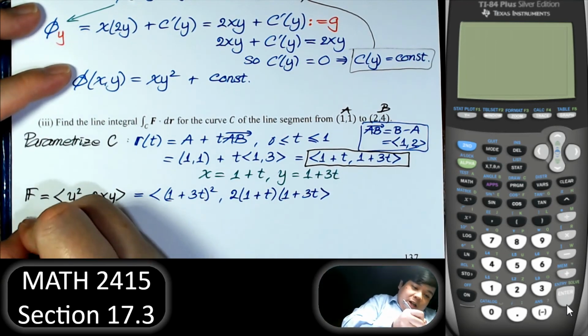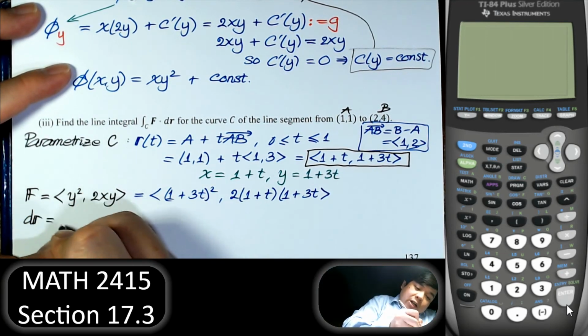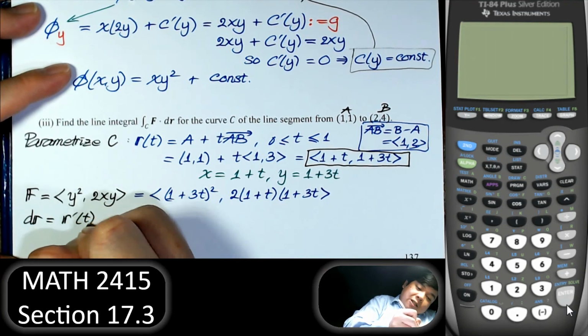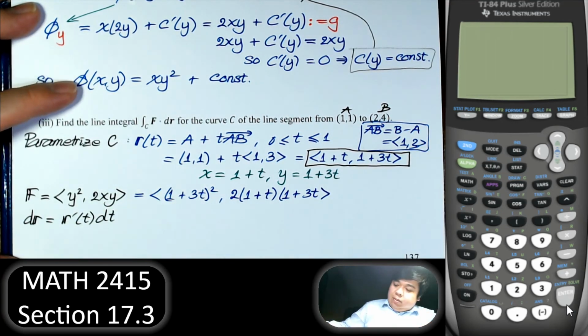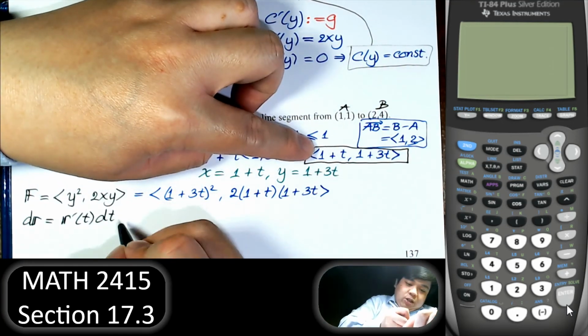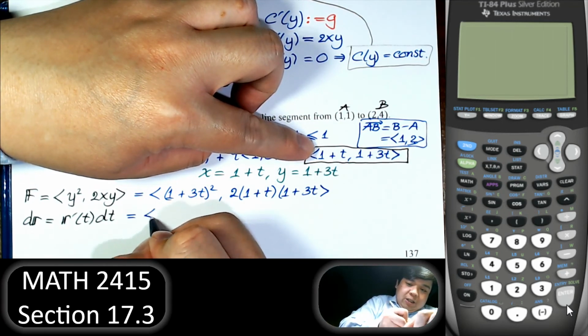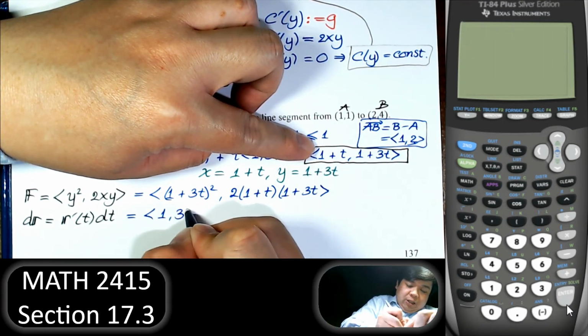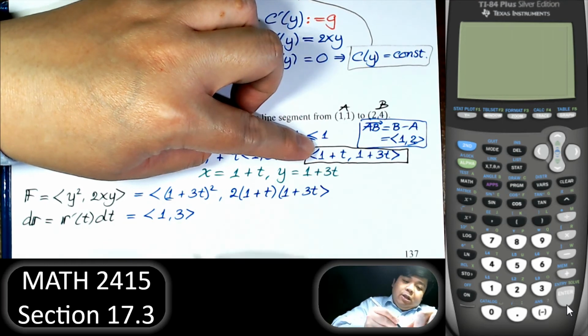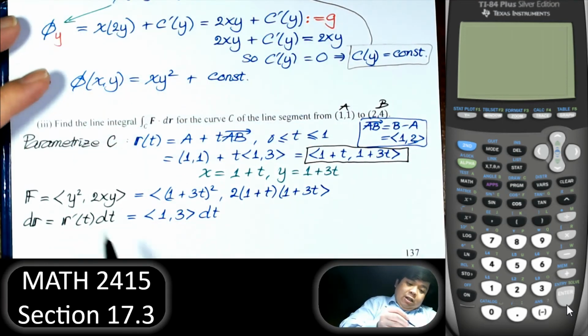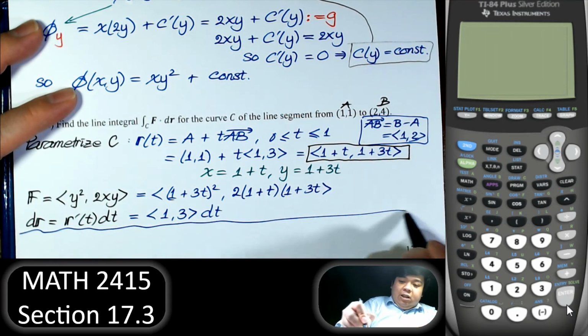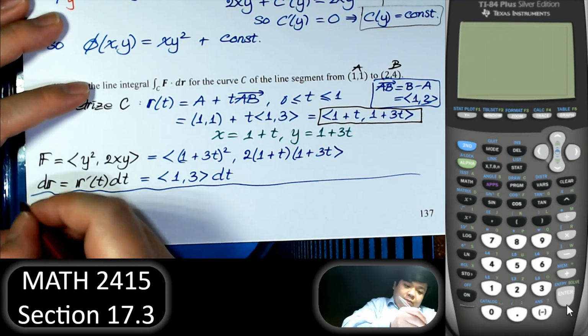And then we can also write dr in terms of t. Derivative of this with respect to t, 1 and 3, dt. Right, now we have everything for the line integral.